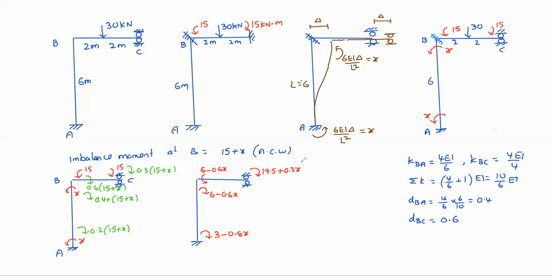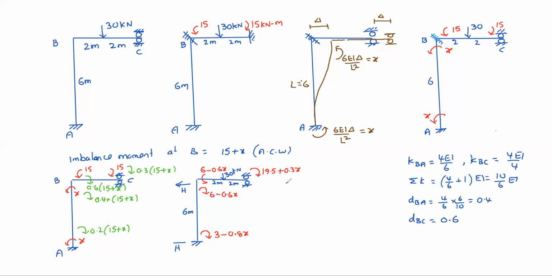But here we know the reaction at C is 0, so reaction at A also must be 0. For clockwise couples, the reaction H should develop like this.